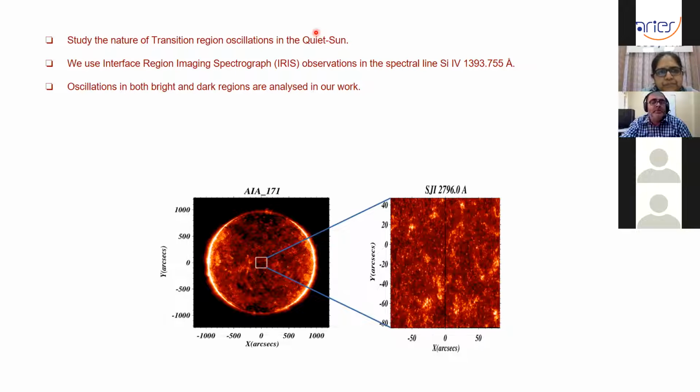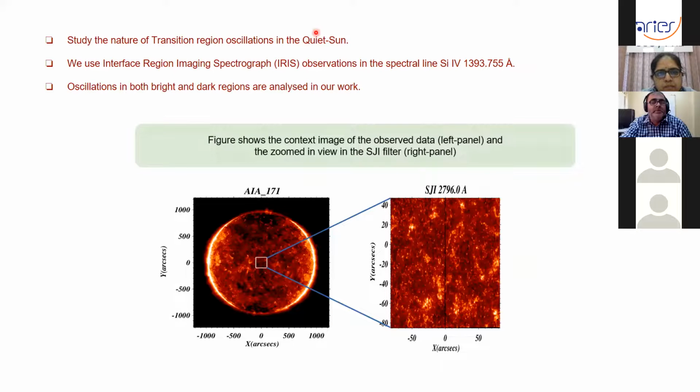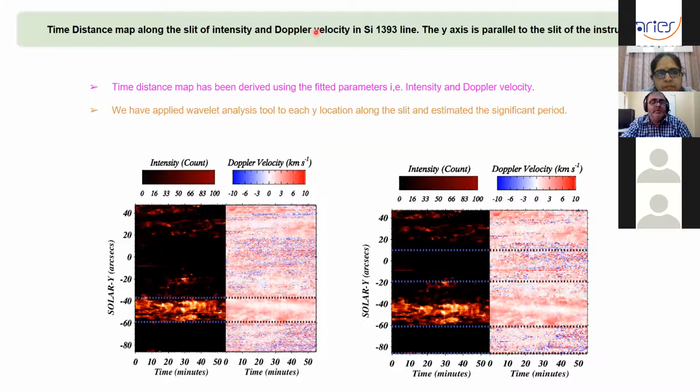It is an optically thin line and has a Gaussian shape. First, we derived the spectral parameters, that is intensity, Doppler velocity, and line width. Then we derived the time-distance map, shown in the figure.